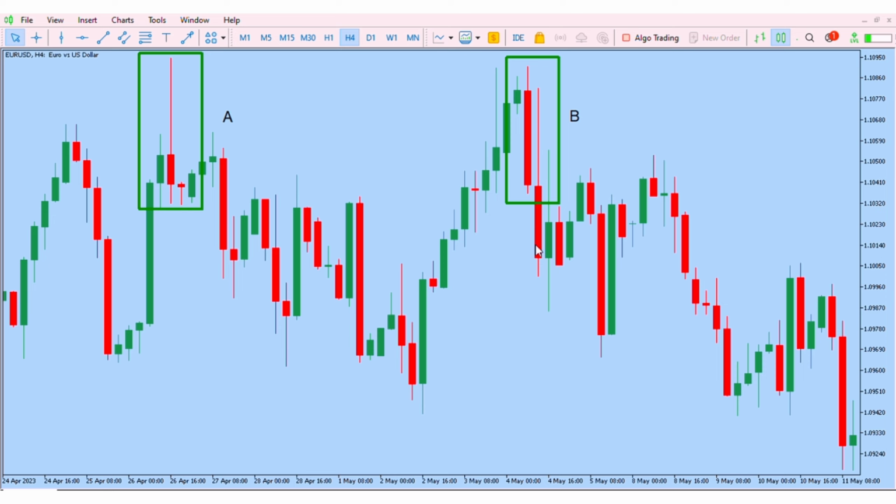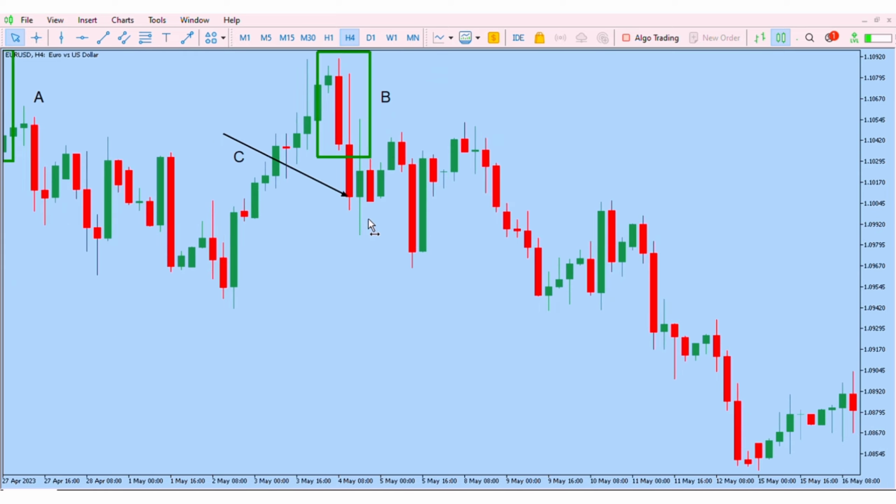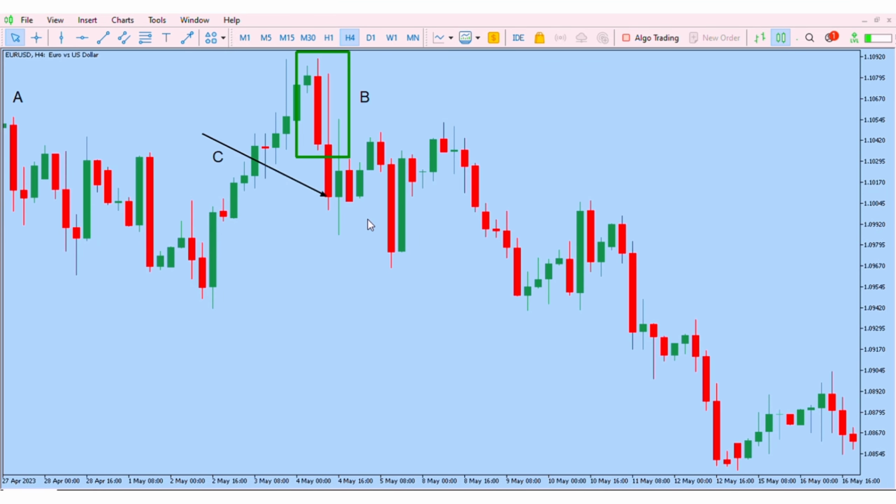You can place your trade at the close of this candlestick. Let's name it C. This is our first sell signal.